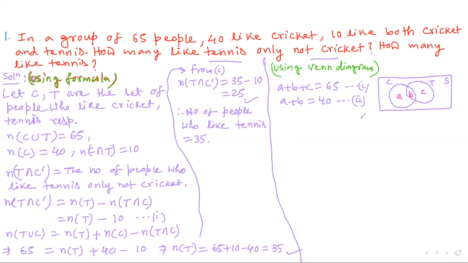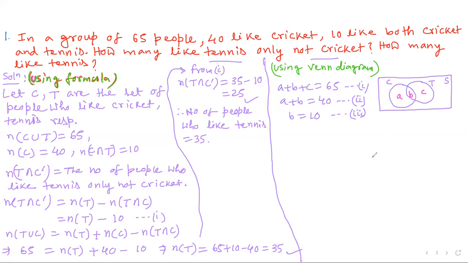Now 10 like both cricket and tennis. Both cricket and tennis means which part? If you see the Venn diagram, only the B portion is there. So we can write B is equal to 10. That is equation number 3. So these are the relations from the given conditions.